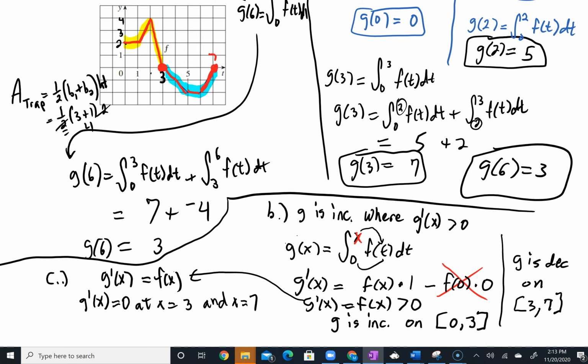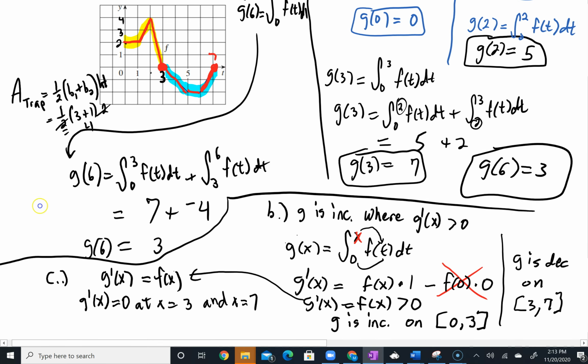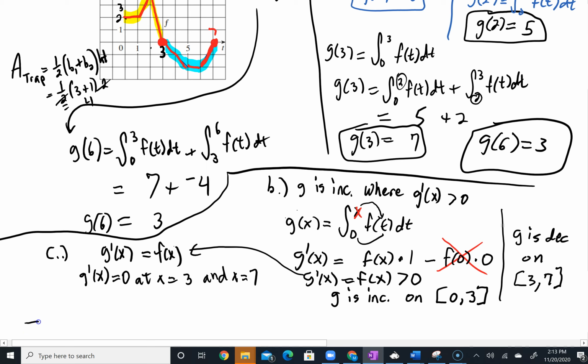You could see it's those two locations where f is 0, but that means G prime is 0. So look, we can real quickly then do the following number line test. Here's a 3, here's a 7. From 0 to 3, G prime, f, was positive. That meant G was increasing. We just said that. From 3 to 7, G prime was negative.